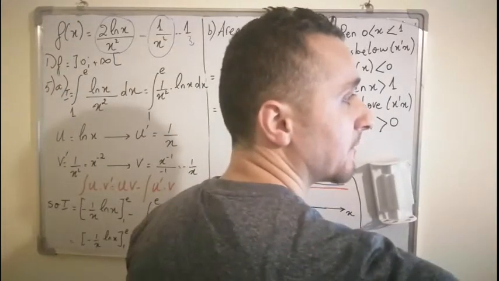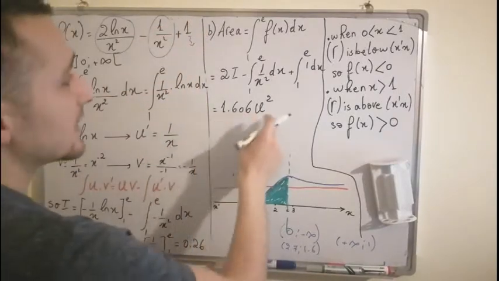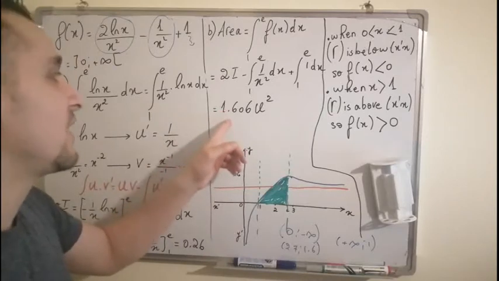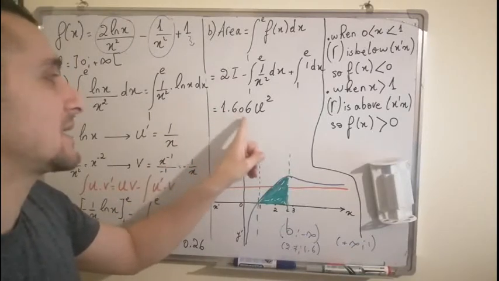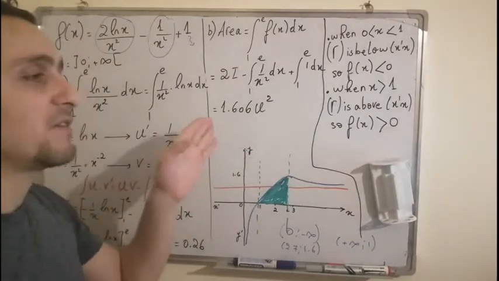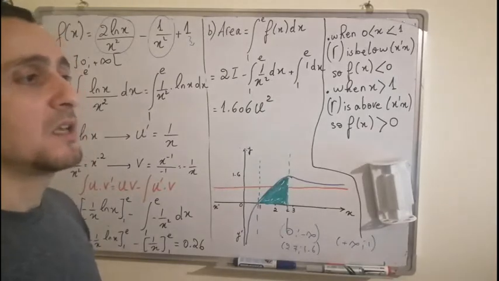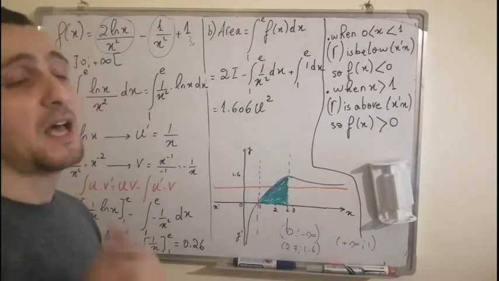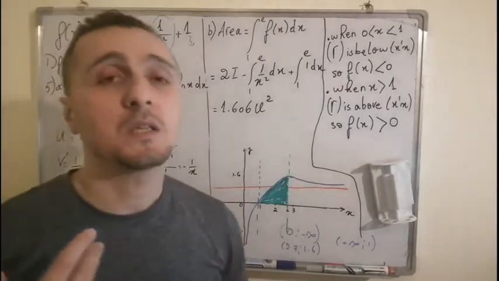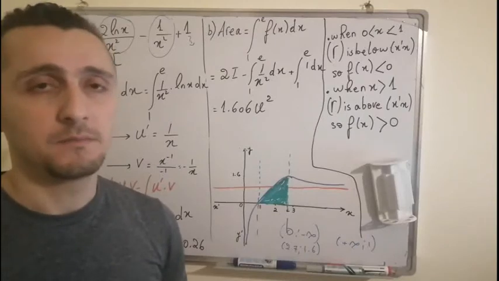Okay? Using my calculator, we obtain the value 1.606 u squared, and it's the value of the area of the region bounded by the curve and the axis of abscissa and the two straight lines x equals 1 and x equals e.